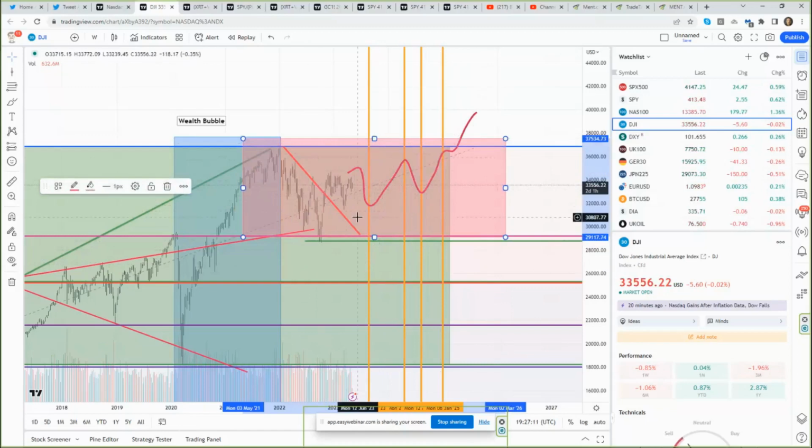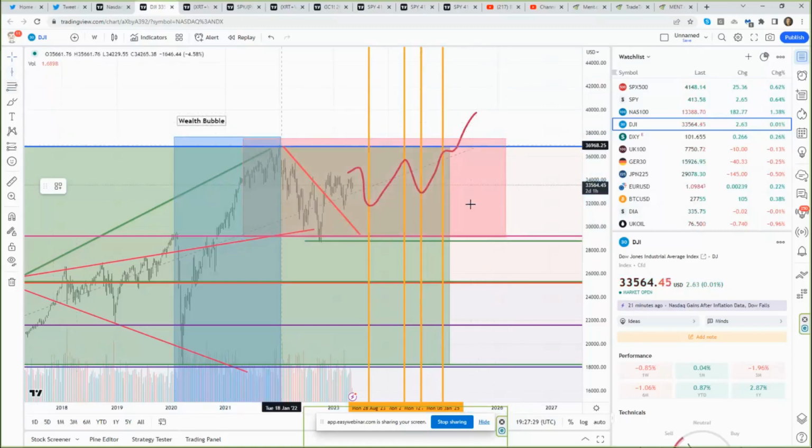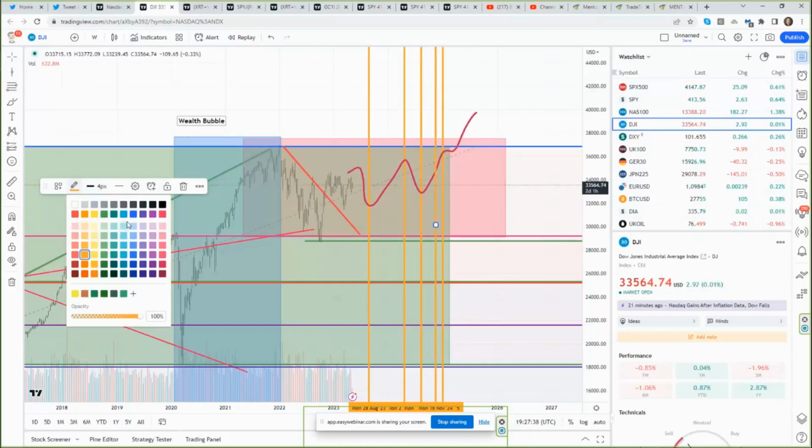Okay, a little bit wider than what we had seen in the 2008 to 2010 correction. But eventually, out here in 2025 and 2026, we're going to see some kind of a rallying phase. And this is because we have a massive election taking place in 2024, right there, highlighted as blue.